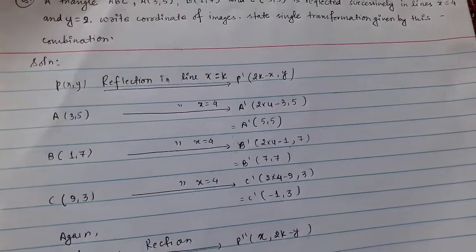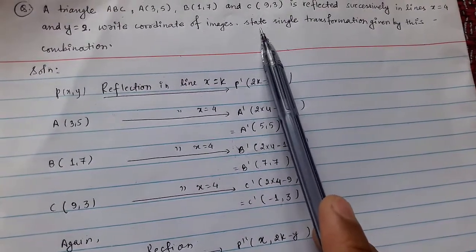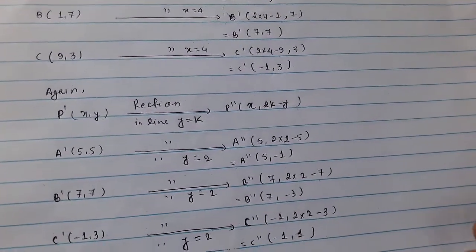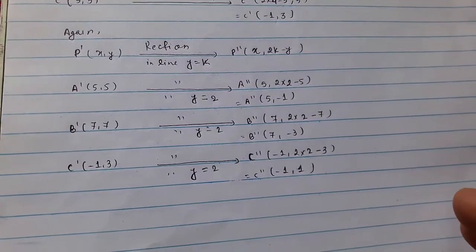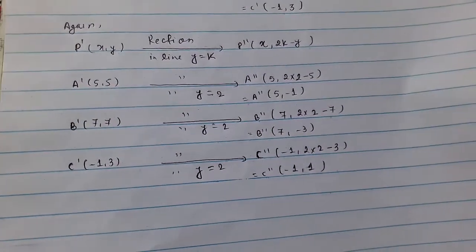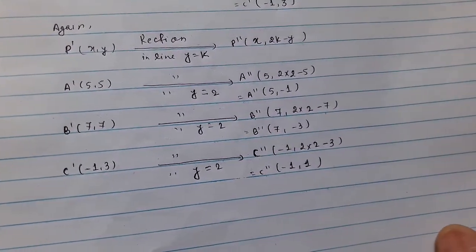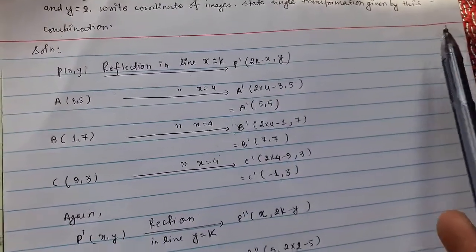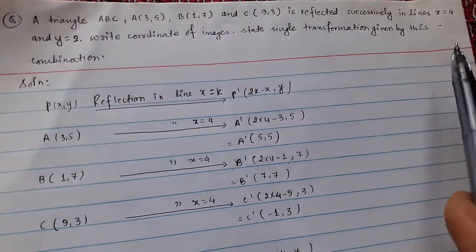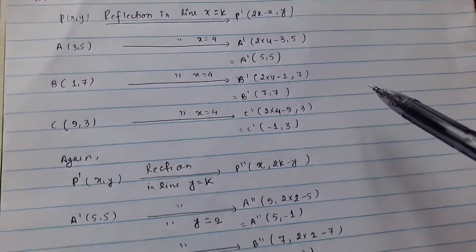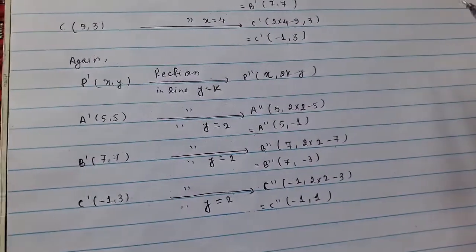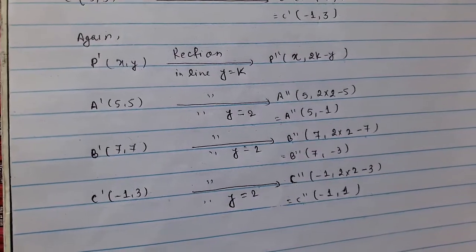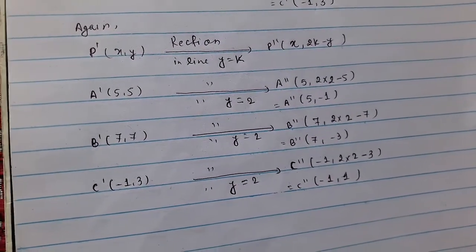Now the second question: state the single transformation given by this combination. Remember this, I'll talk about it later in another video also. There are two reflections, one in the line x equals 4 and another in the line y equals 2. When a reflection is followed by a reflection, each reflection has an axis of reflection.